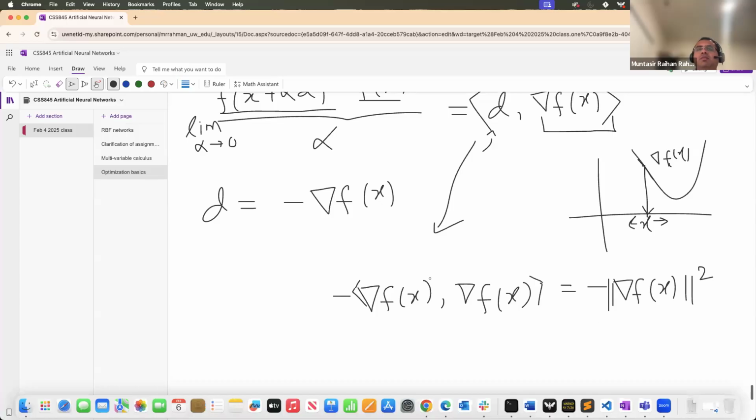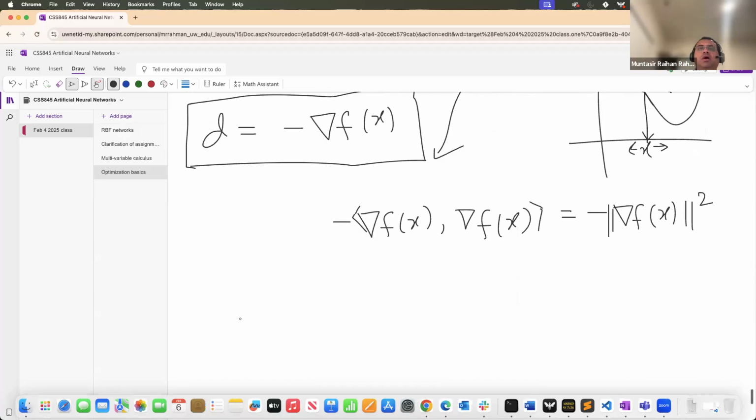So this is going to be a very big jump to make this much smaller as possible, which is why this is the direction of maximum descent. And that's why this is the chosen direction of gradient descent. And that's where the rule comes from.